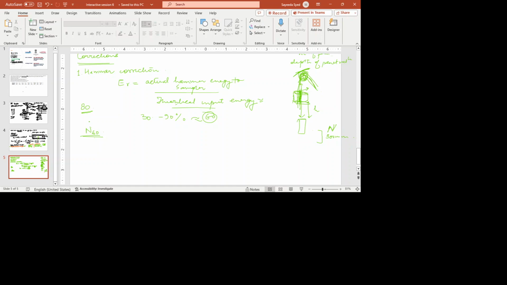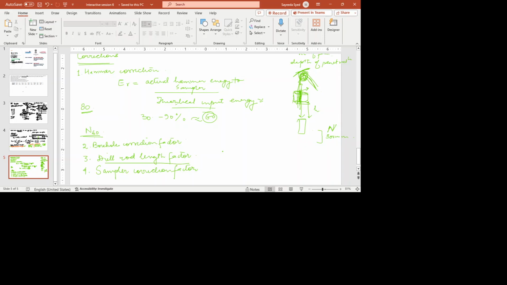The other factors of the equipment are borehole correction factor, drill rod length factor, and sampler correction factor.